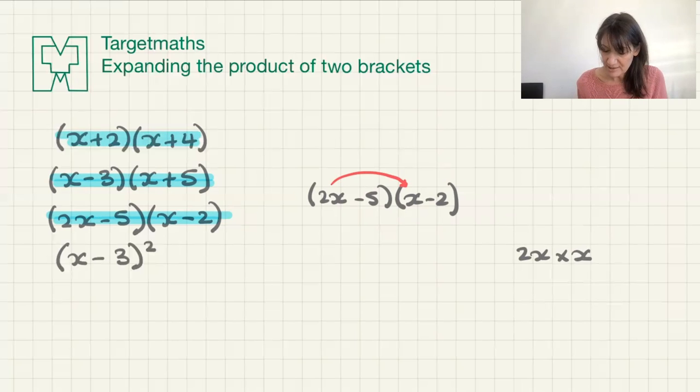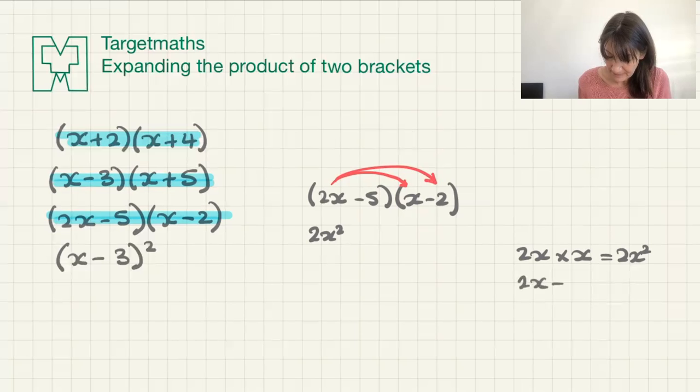So I've got 2x times x. 2 times, there isn't another number visible, so it's not going to affect the 2. So I've got 2, and then x times x is x squared. So I've got 2x squared. I've then got 2x times minus 2. Whoops, get that times sign in, minus 2. 2 times 2 is 4.